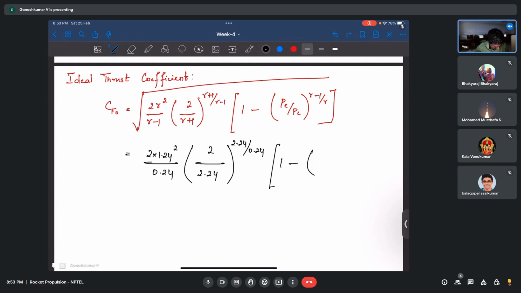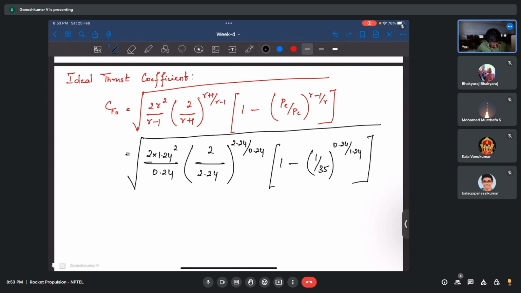PE by PC, which is 1 by 35. Are you guys getting?